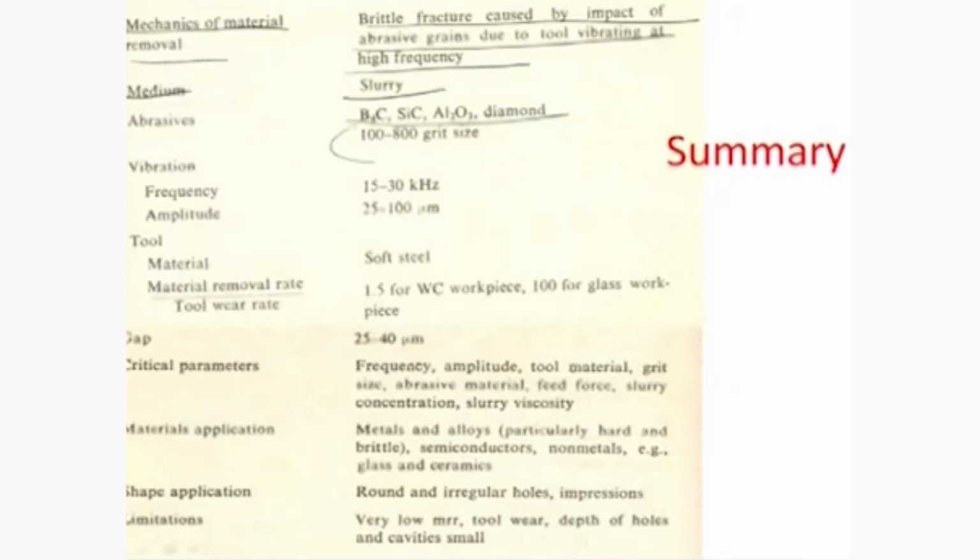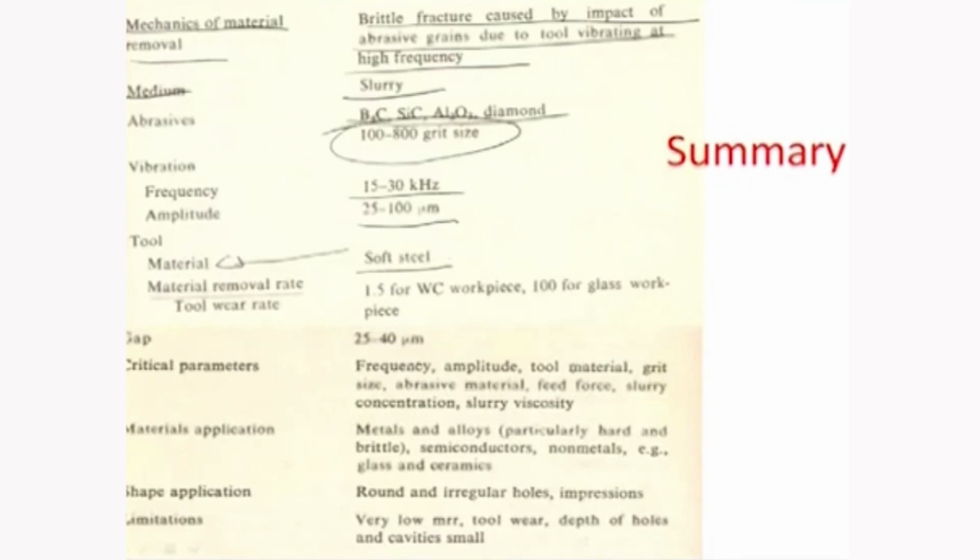And the abrasive materials would have about 100 to 800 grit size, which means maybe about 10 to 25 microns. The vibration frequency is about 15 to 30 kilohertz of the acoustic head, and amplitude of motion realized therein is about 25 to 100 micrometers. Tool can be made of a soft material like soft steel, which is much better than other soft materials like aluminum or copper, as we have seen before.